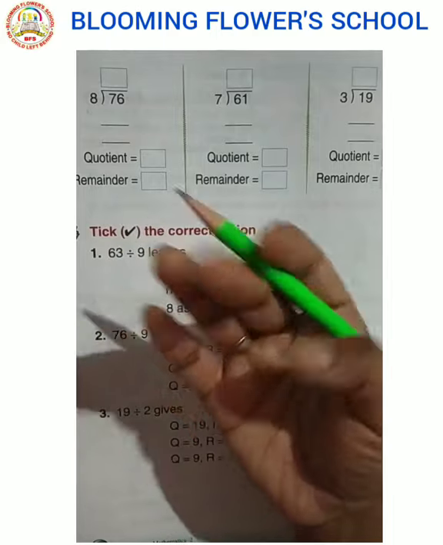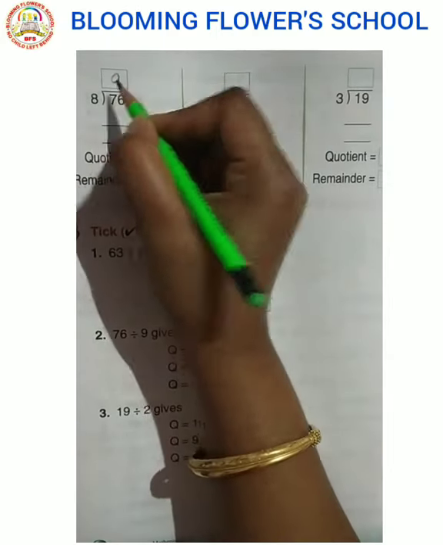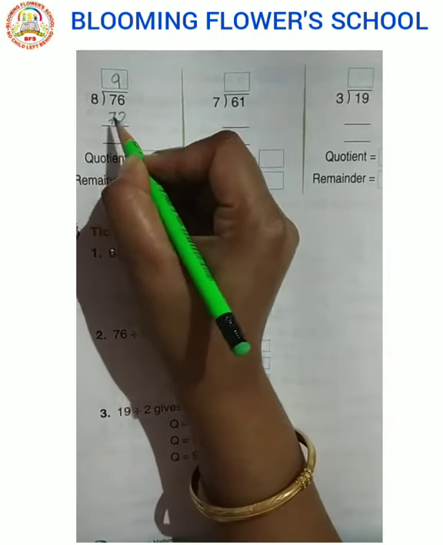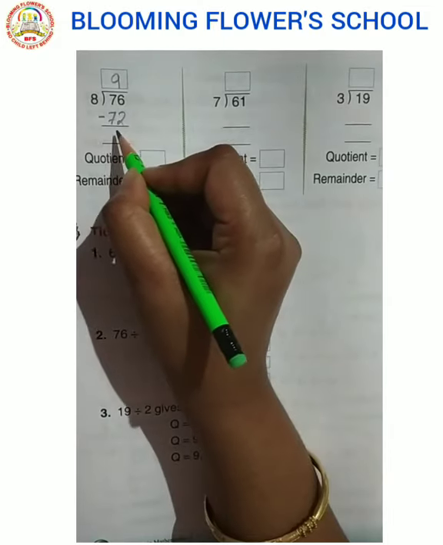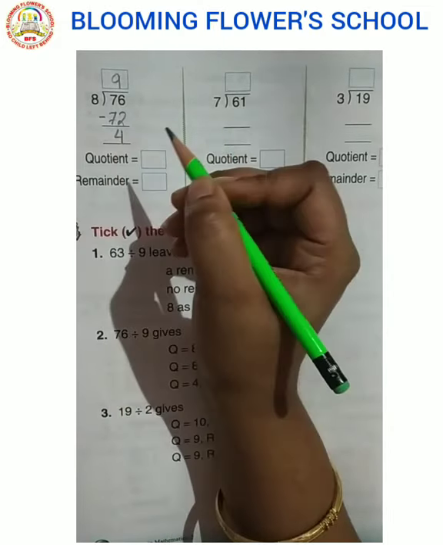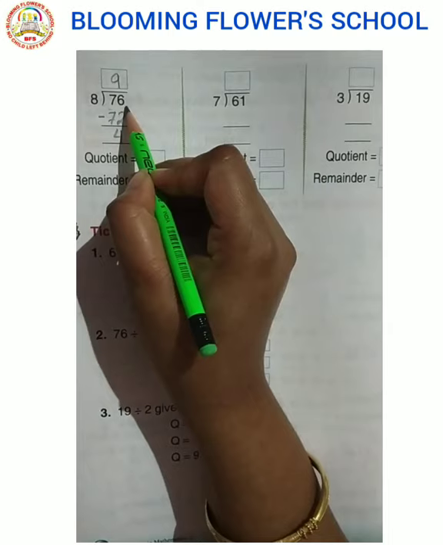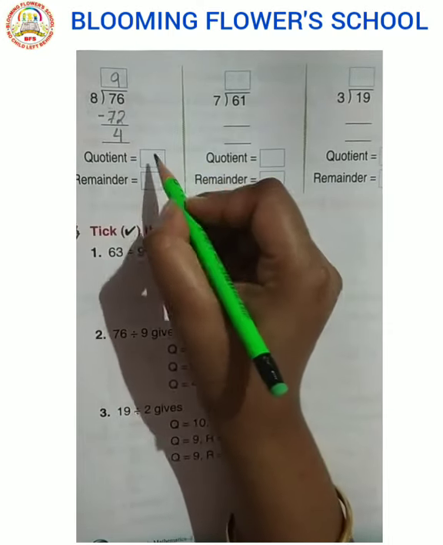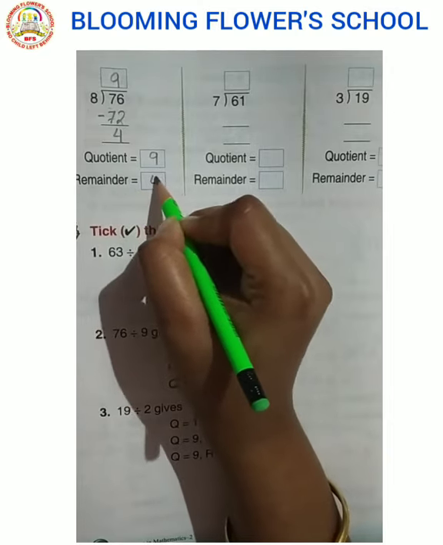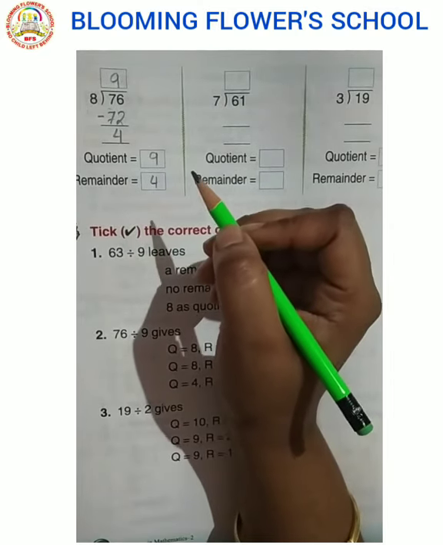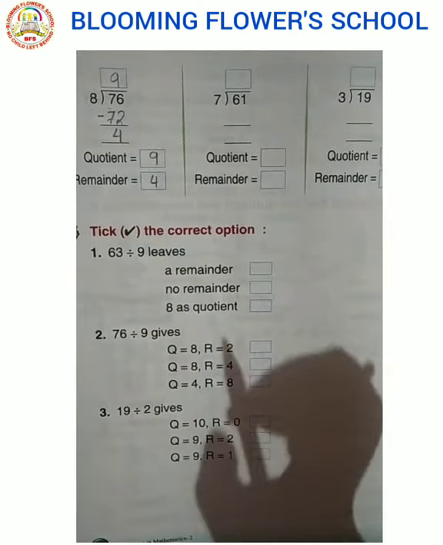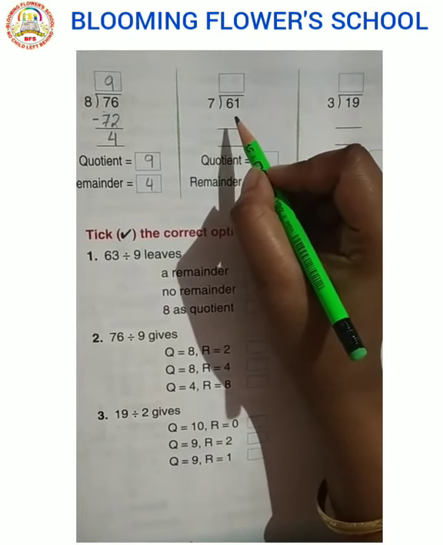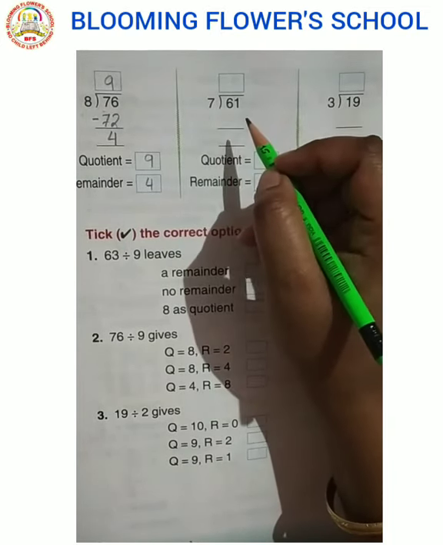So we need to go with 8 nines are 72. So from 76, if 72 is subtracted, the answer is 4. So 76 is the dividend, 8 is the divisor, 9 is the quotient and remainder is 4. Understand, children? Now the next one, we need to go to the 7th table to find the nearest to 61.